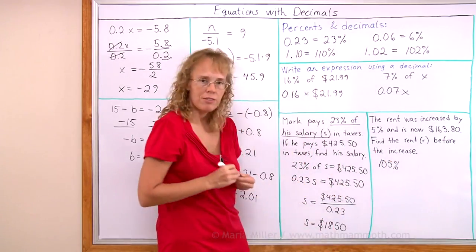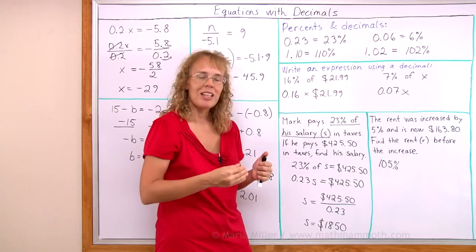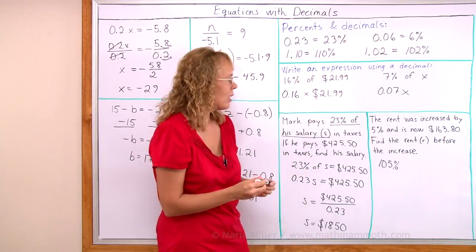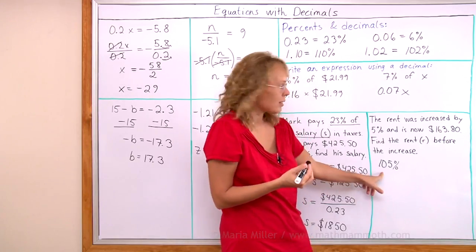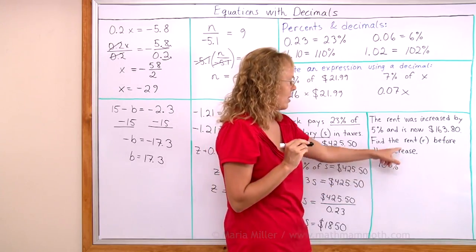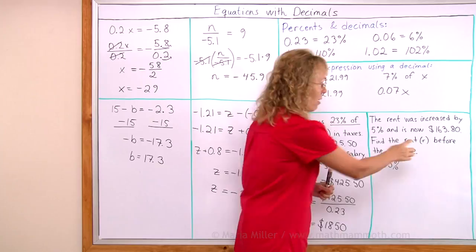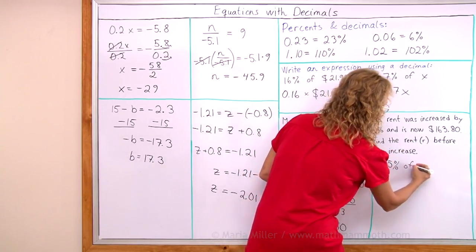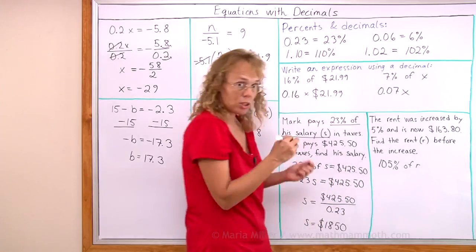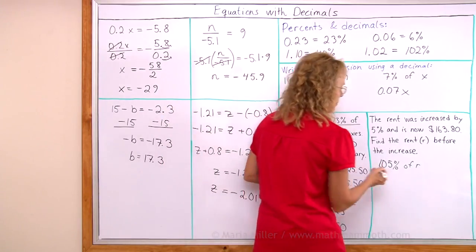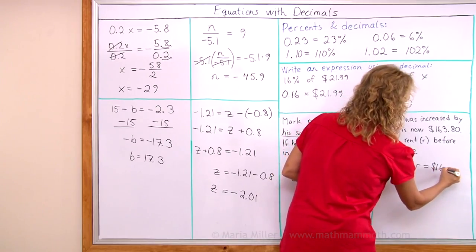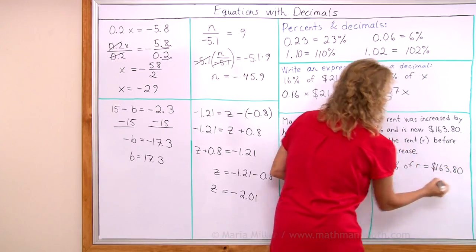An increase of 5% means that we take 105% of what it was. And what was it? Well, we don't know that. We have a variable for it. The R is the rent. So 105% of the rent. The original rent is this number here, because this is the rent after the increase.